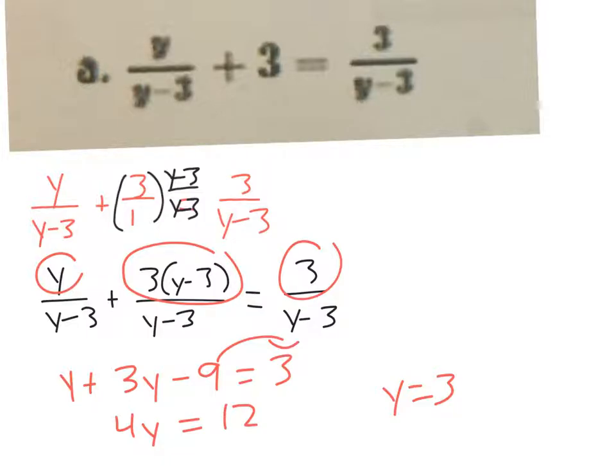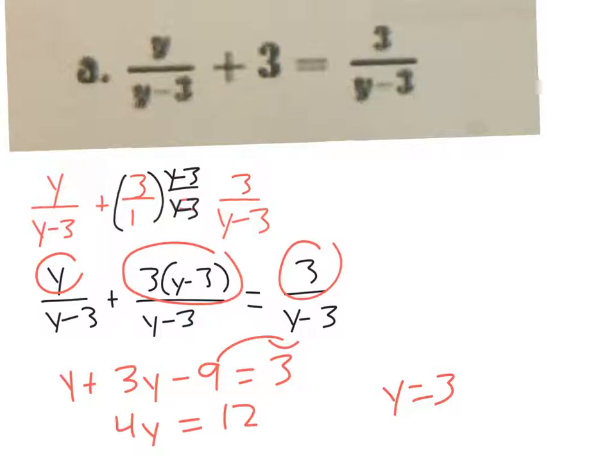All right? Now, though, this is a rational equation, which means there are some values that may not work, because when you have a fraction, you are not allowed to divide by 0. If I plug 3 into my original equation, what does that leave me with? Zeros in the denominator.